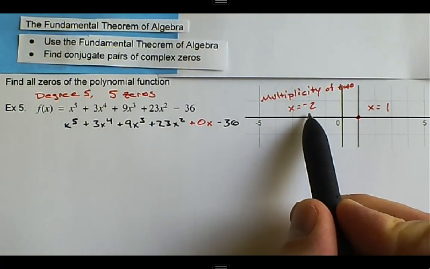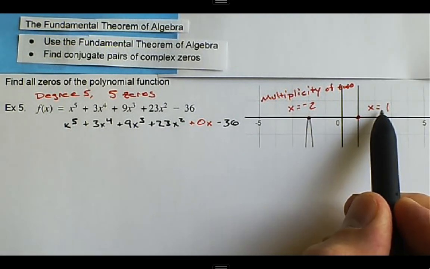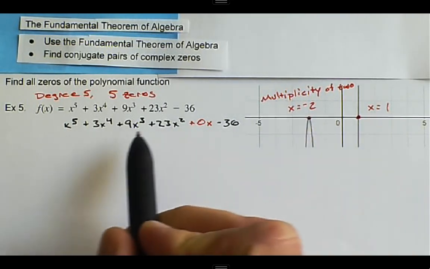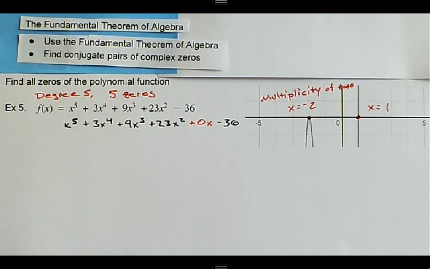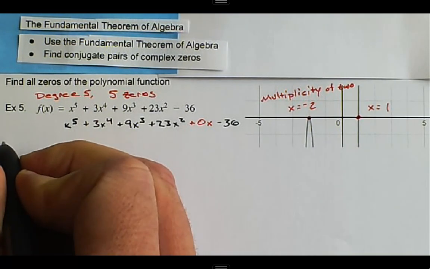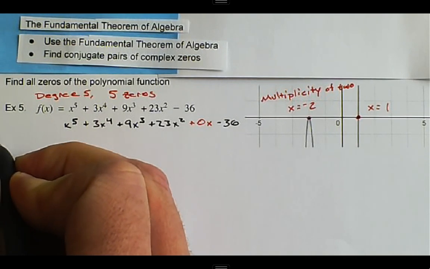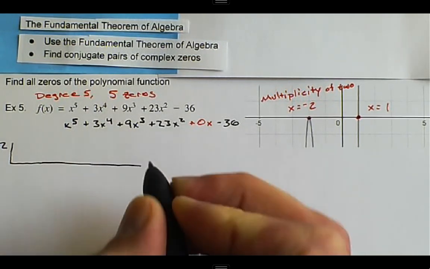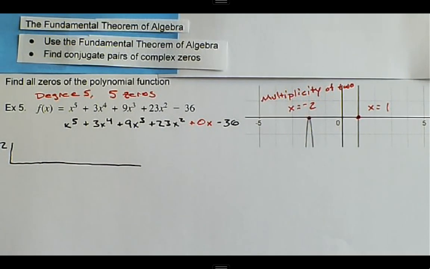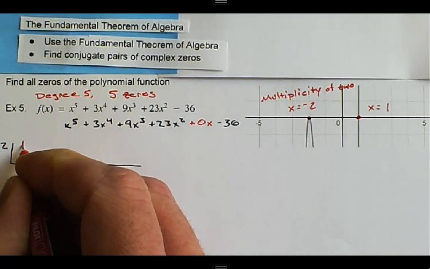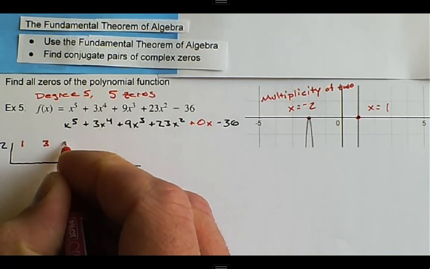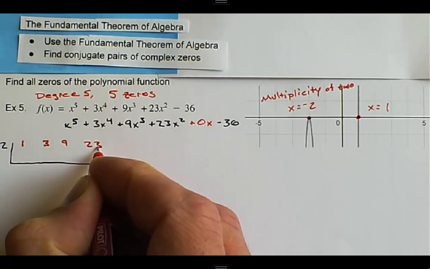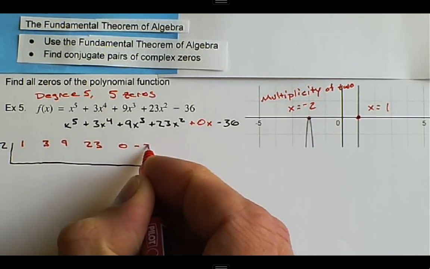Now I know that -2, -2, and 1 are going to be factors of this polynomial, and I know that the remainder will be 0. So I'm going to check those. The first one we're going to do is -2. So we'll take our coefficients from above, and we have our lead coefficient of 1, 3, 9, 23, 0, and -36.